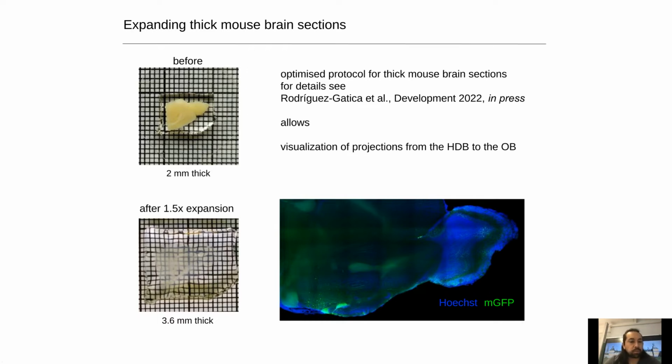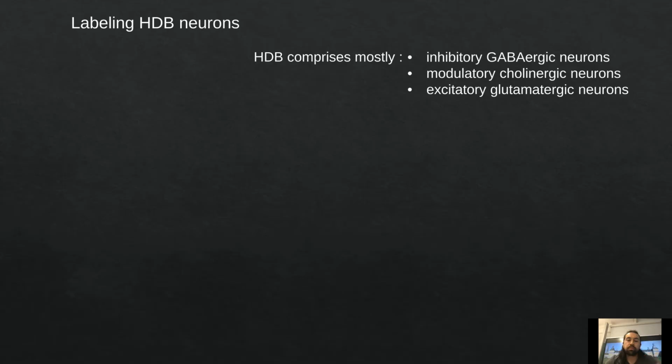So now that we know the sample is working properly, we go back to the original problem, which is labeling different groups of neurons in the HDV. The HDV is mostly made of inhibitory GABAergic neurons, modulatory cholinergic neurons, and excitatory glutamatergic neurons.